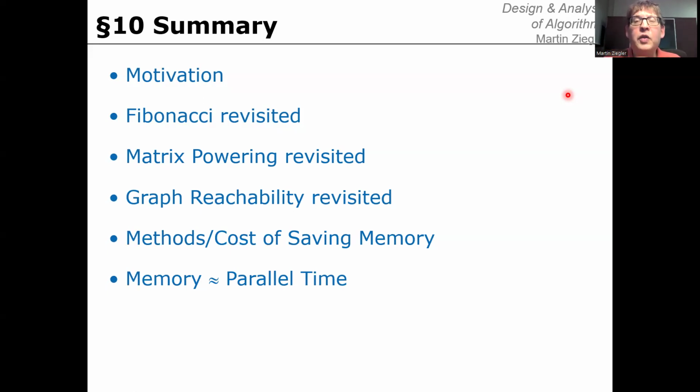And Borodin's theorem from 1977 says this is no coincidence. The proof was based on this highly interesting method of graph reachability, a new way of looking at algorithms as paths in a configuration graph.